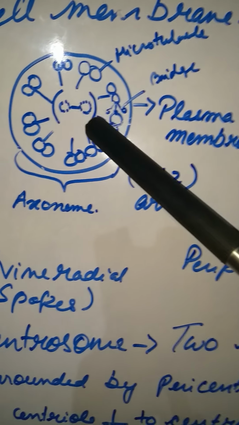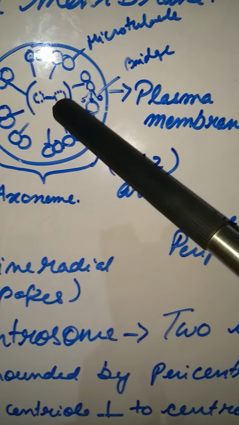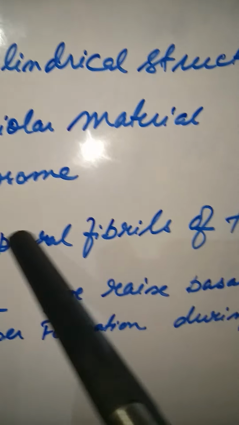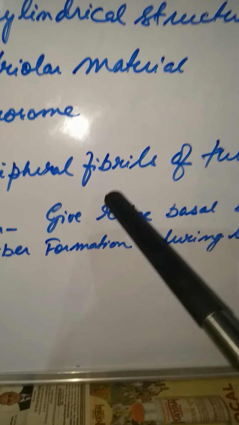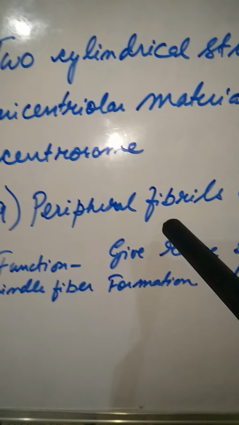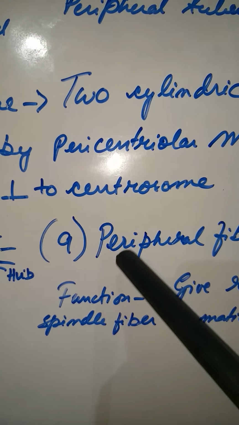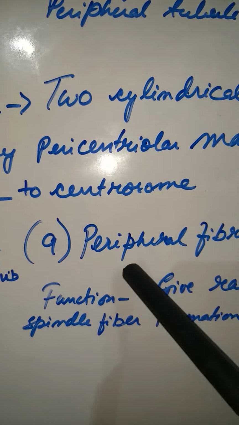So this arises from the centrosome, centriole-like structures, because they are made up of peripheral fibrils. These 9 peripheral fibrils finally are the core material of the microtubule. So this is the function and this is the origin.